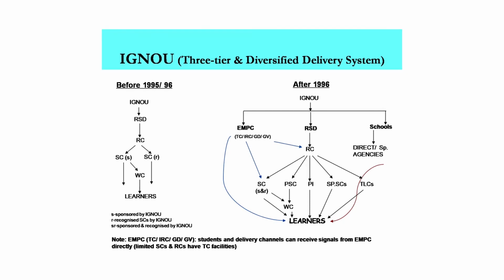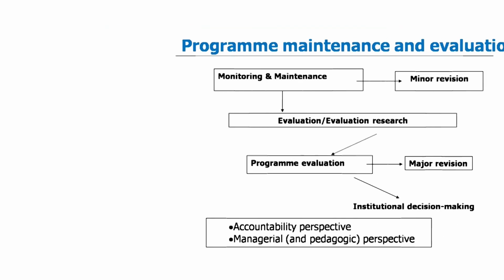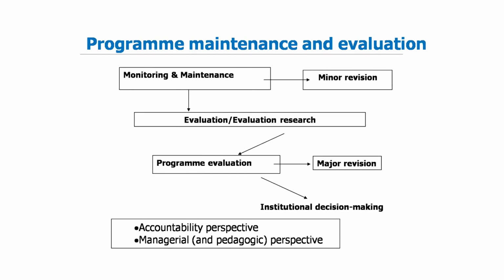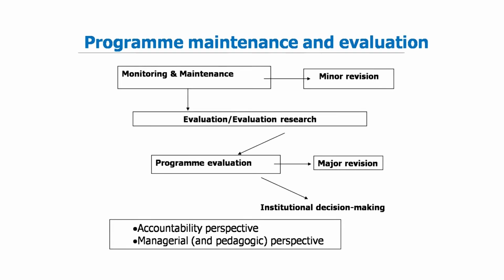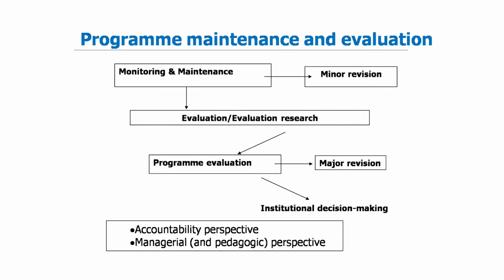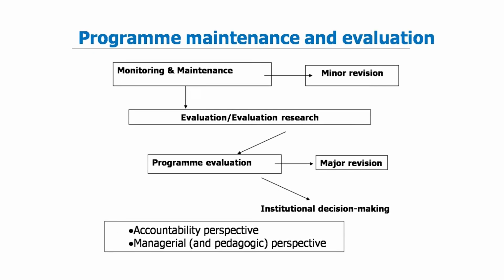So friends, in distance teaching learning, these variables are very important. Once we develop and deliver a program, we need to monitor and maintain that for a period of time, for a few years. After that, we need to conduct a program evaluation. Minor revision takes place every year.